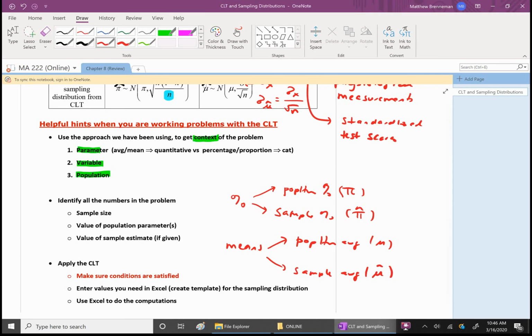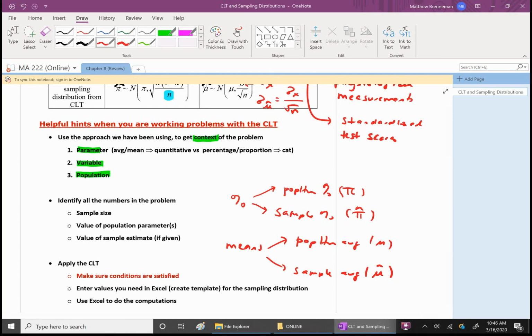And one of the things that you're going to have to be able to do is identify which is which. So if the value comes from a sample, there has to be language that suggests that. So for example, if something is a sample percentage, we should be told, or there should be language that indicates it comes from a sample. The same with a sample mean. Like we take a sample and we compute its average and find that. Okay.